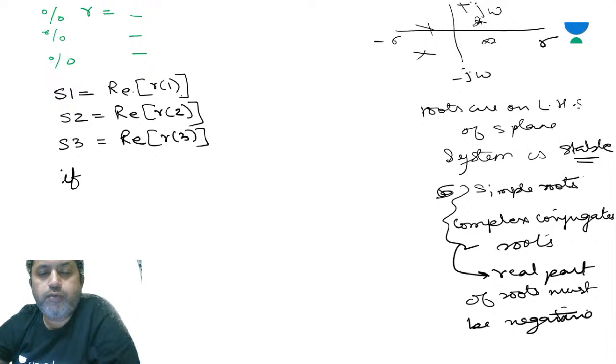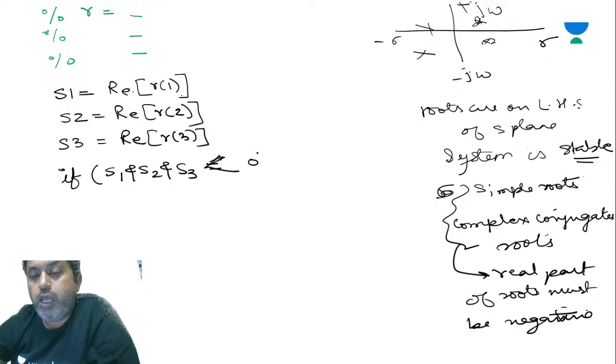Now I will write the if statement: if S1 and S2 and S3 are less than 0, negative means less than 0, not equal to 0 also, less than 0.